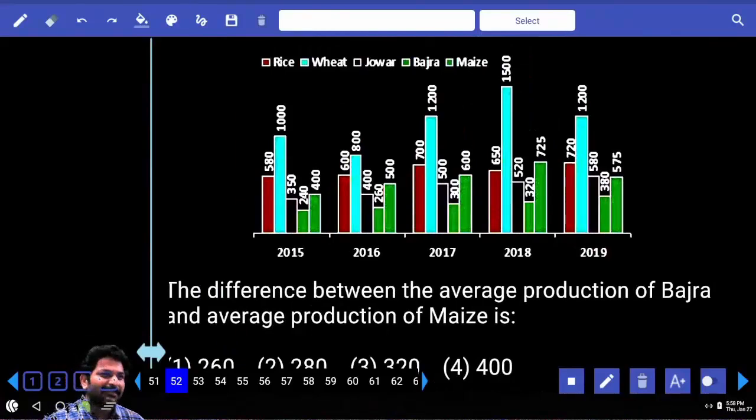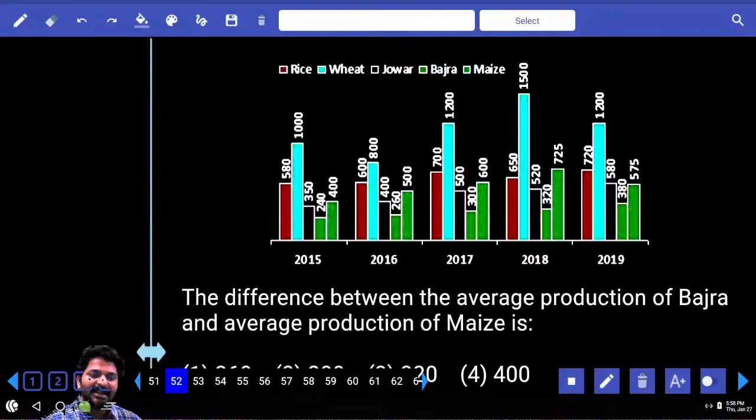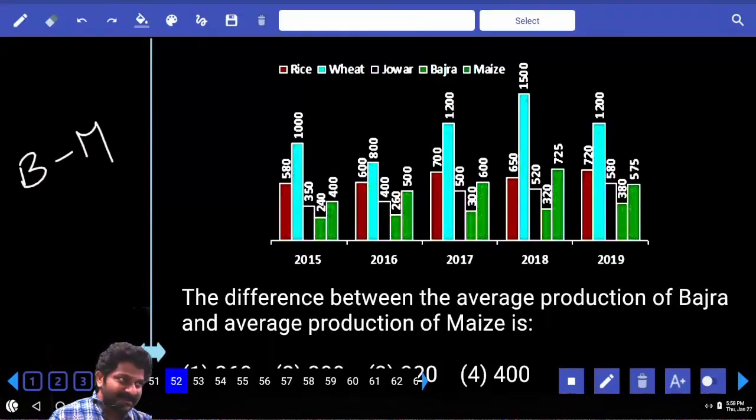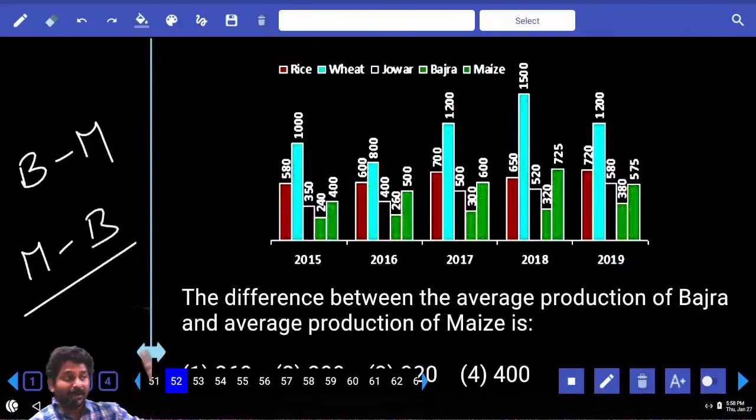It is not recommended to calculate the average of bajra and then maize and then take the difference. So we'll go for the individual difference and then calculate the average. But for that, always try to do bajra minus maize or maize minus bajra. Either way, you have to follow only one.